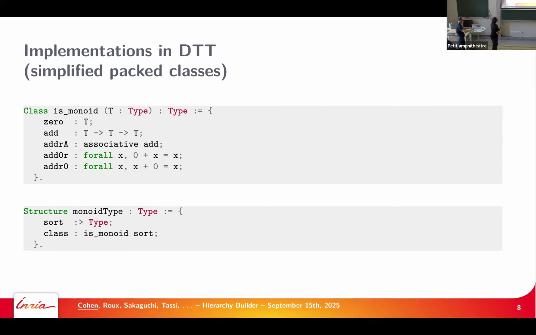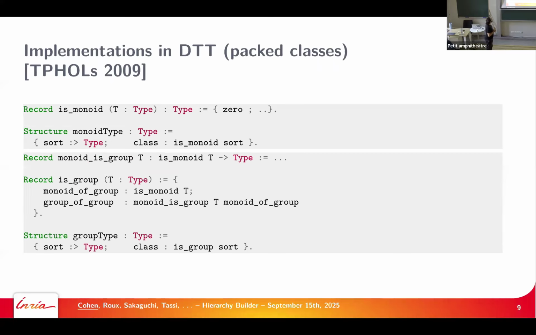You can reuse the pieces I introduced and say, okay, I can say what is a monoid, but I can also bundle it together with the type. I call this the simplified packed class representation because, I mean, you cannot see yet, but when you have multiple structures, you need to use a more elaborate scheme.